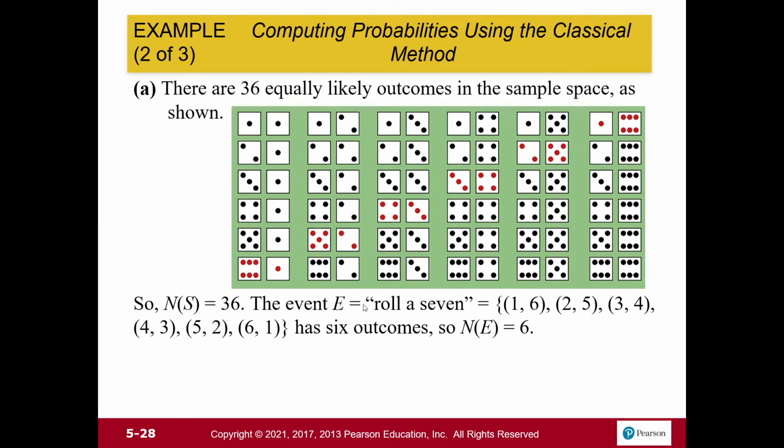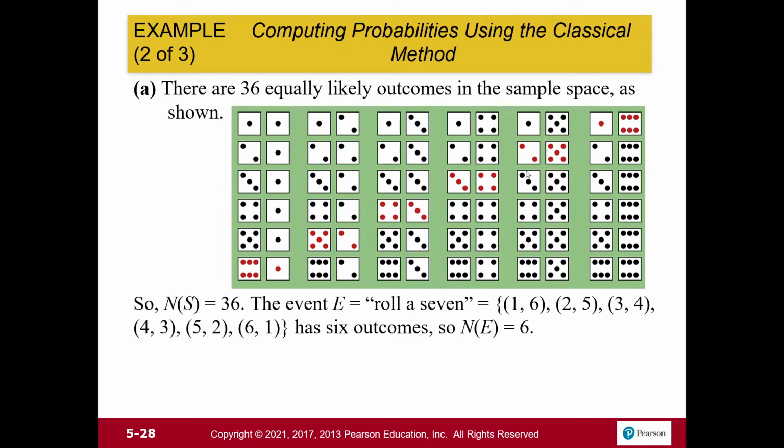Now, rolling a 7, we have to figure out our sample space. Well, the sample space is actually 36, but we need to figure out how many have a combination of 7. And here we list it out: 1,6, 5,2, 4,3, another 4,3, 5,2, 6,1.